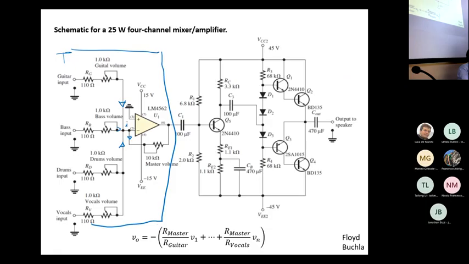Current at this point must flow in this branch, thus determining the output voltage at this point. And you may have also a master volume which controls, again with a potentiometer, the global gain of the circuit.